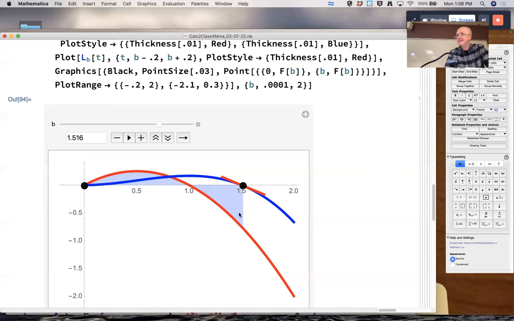And this one contributes negatively to the integral because it's below the axis. Once t goes past 1.5, now this area is a lot bigger than this area. So you have a small positive area minus a larger positive area, which is a negative number, and the change in position is negative by that time.